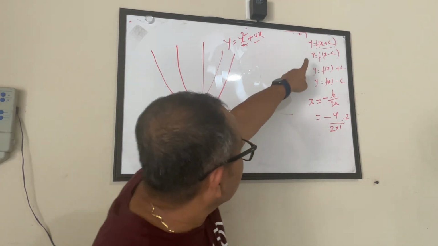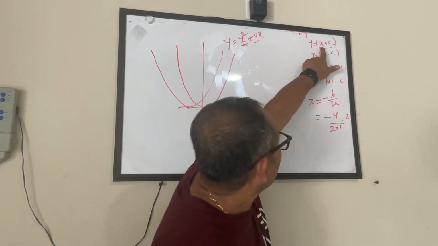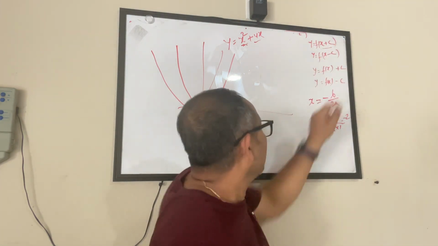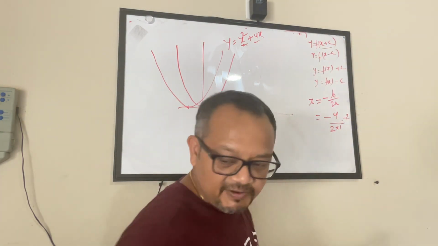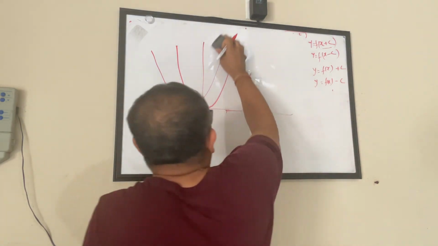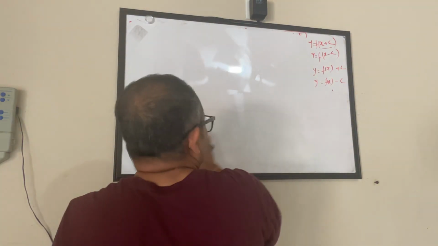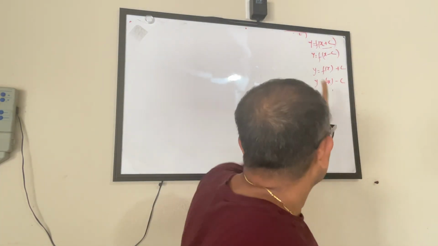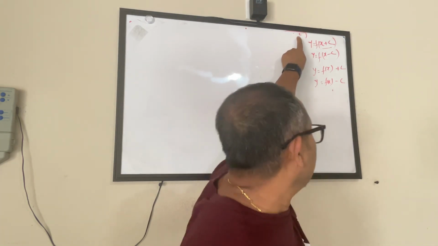Now, if I put this equation, yeah, I think I have a better way to prove this mathematically. Whatever we have done, just forget it. Let's do it mathematically. Here are the four equations that we're talking about.